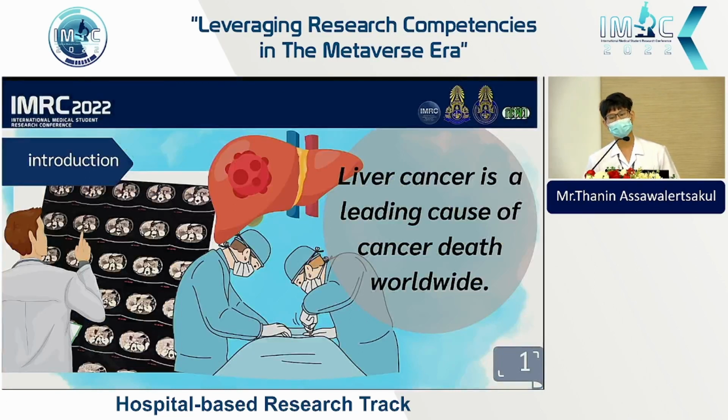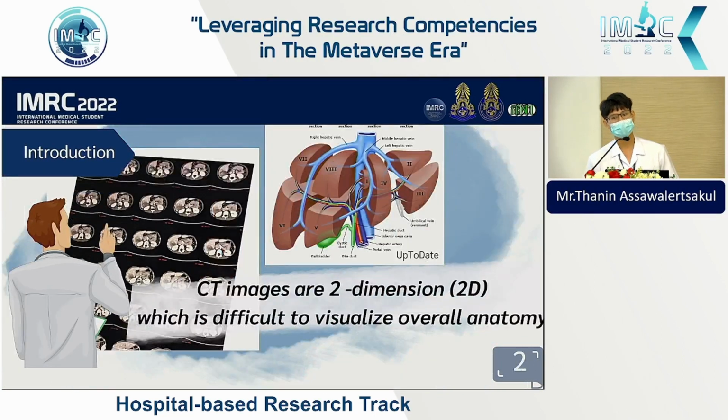Liver cancer is the leading cause of cancer death worldwide, also in Thailand. Normally, the surgeon adopts computer tomography scan or CT scan for preoperative planning. And some of them use a 3D reconstructed model for preoperative planning.